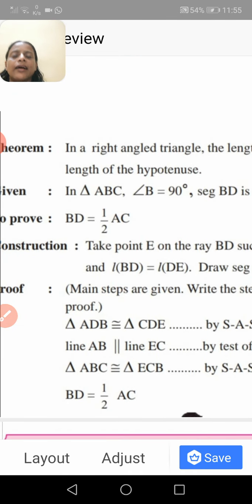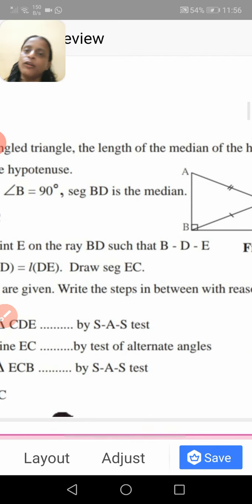Now next consider another concept, that is median. You know what you mean by median of a triangle. All of you understood, or we have learned already, what is median of a triangle? Median of a triangle is the line segment joining one vertex to the midpoint of its opposite side. So let's consider one figure here.